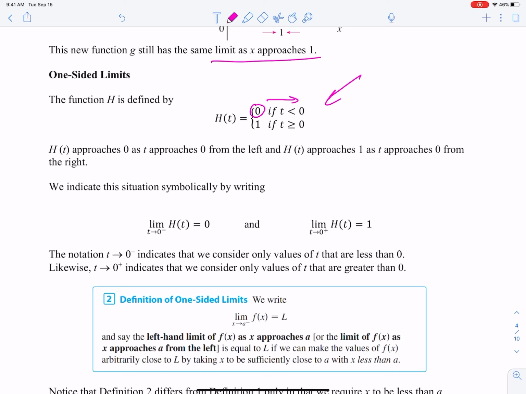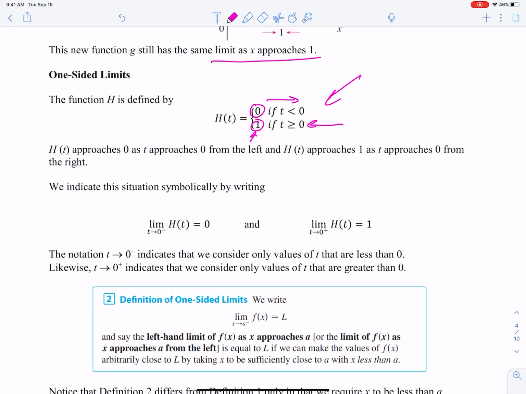We're concerned about what's happening to the function as we approach 0 from the left, t values smaller than 0. And then as we approach from the right, values bigger than t, the limit is 1.